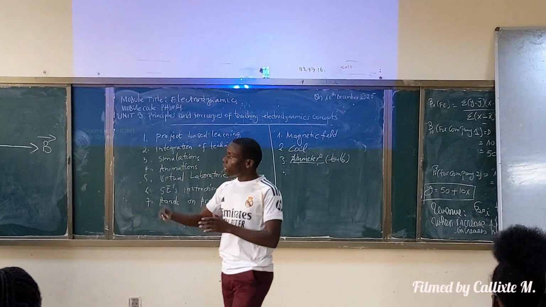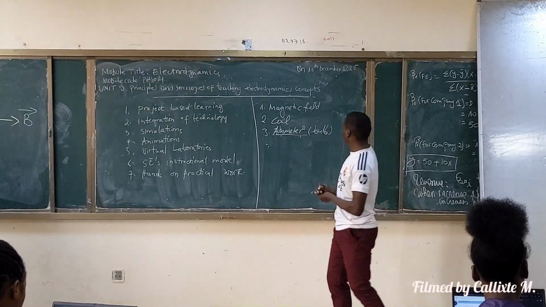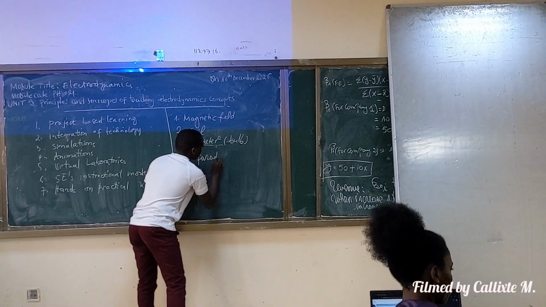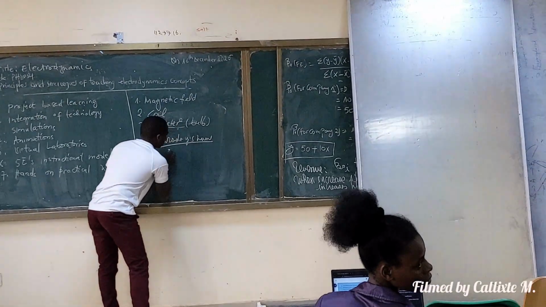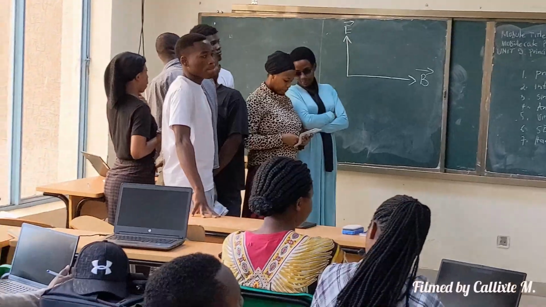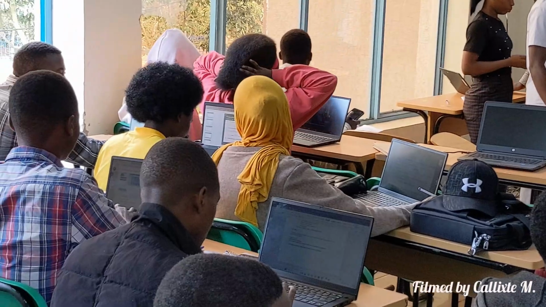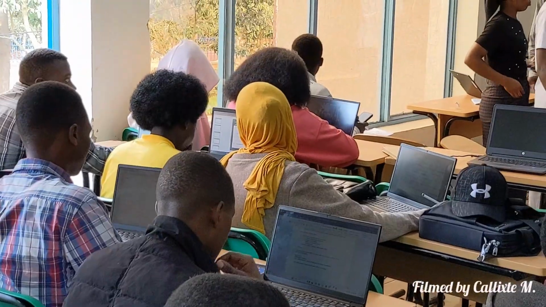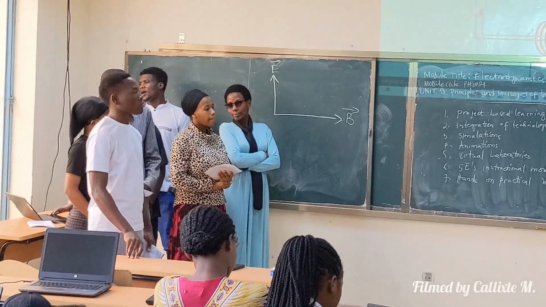While he is showing us the simulation, I would like to write the formula of Faraday's law, where induced current is equal to the change in magnetic field around the loop.